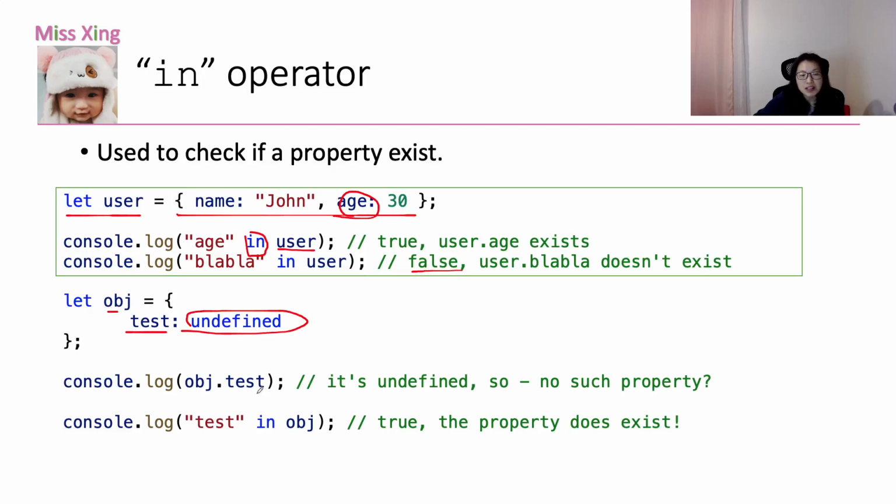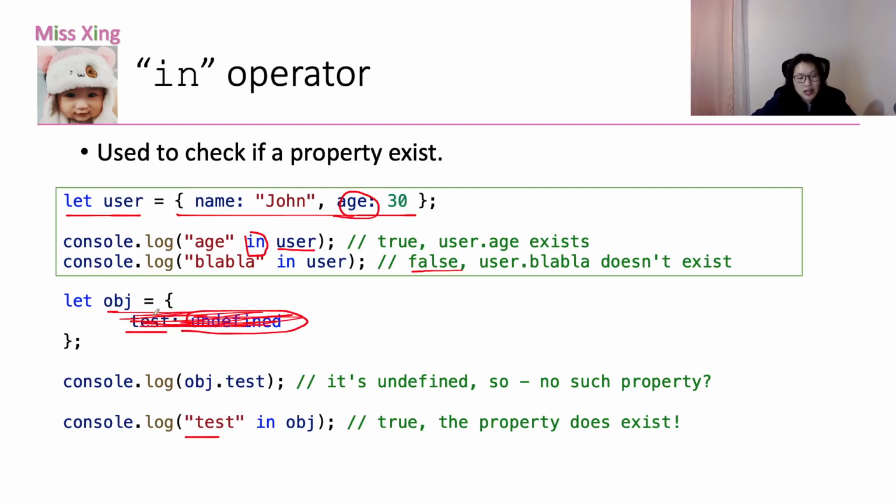But does it mean the property doesn't exist? We can check, right? 'test' in object is going to be true, and it means in my object I do have a test property, but the value I gave is undefined, which is different from this way. I will show you here.